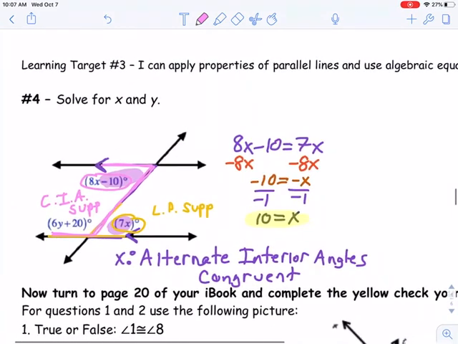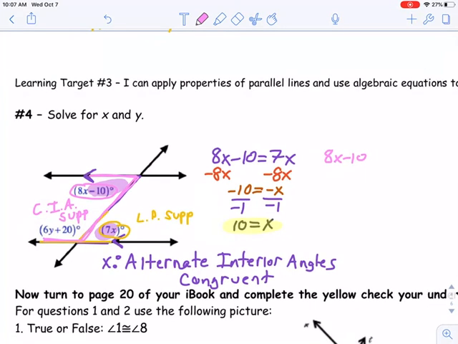So what I got to do is I got to take 8x minus 10, add it to 6y plus 20, and that equals 180. Then this x, remember, was 10, so I'm going to do 8 times 10 minus 10 plus 6y plus 20 equals 180.